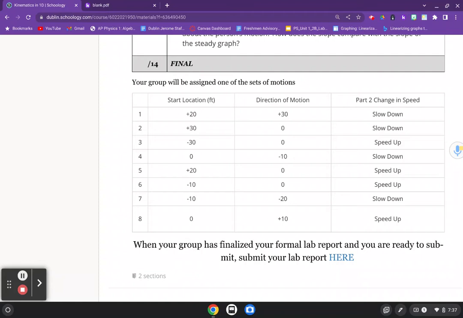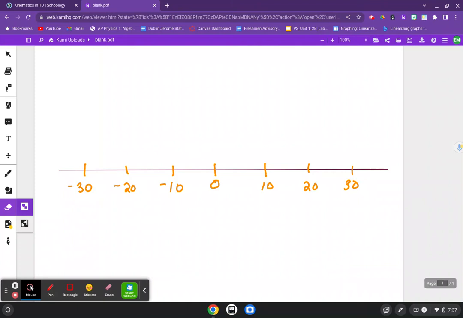I'm going to explain this a little bit further by using a Kami doc to visually represent this. So I'm going to still continue to use group 1 as my example. All right, so if I go over to my Kami document, I've got group number 1. They were assigned to start at the positive 20 mark. This is their start.